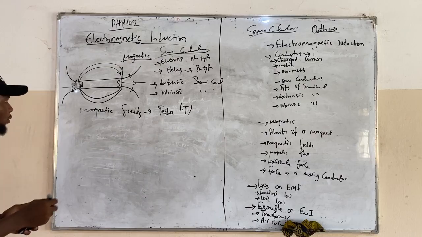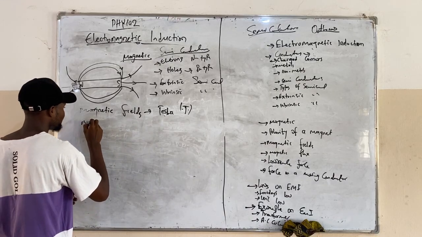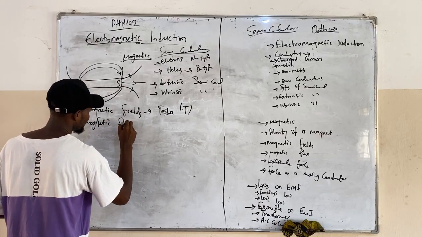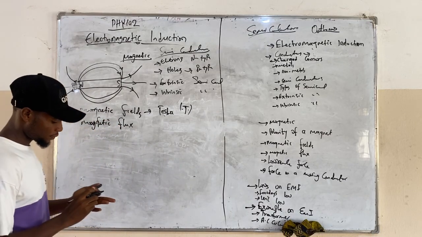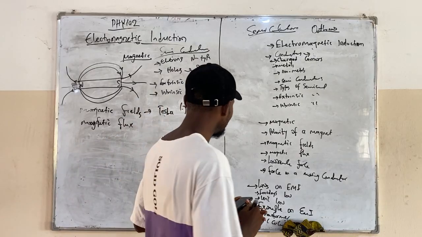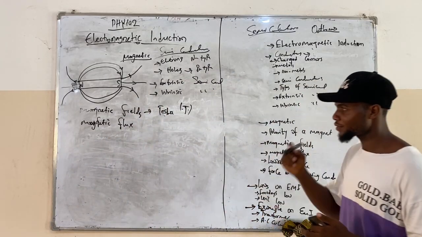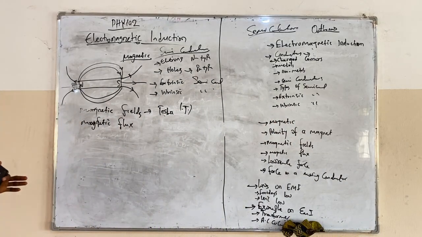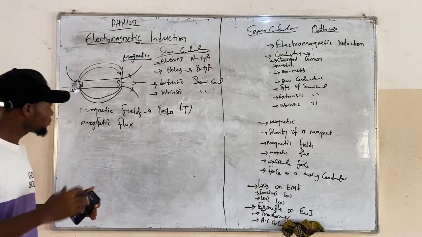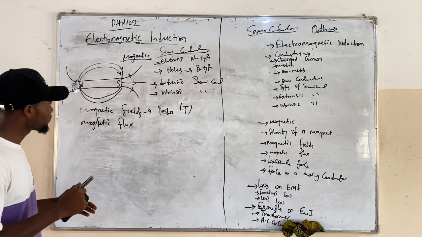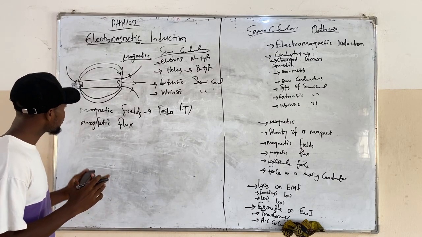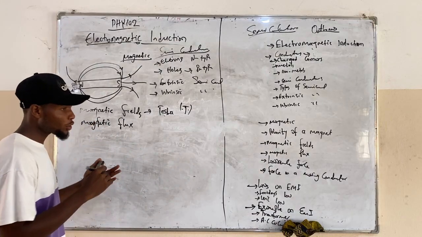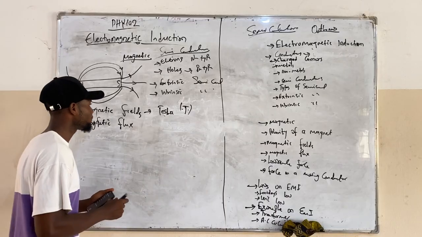And let's go to the magnetic flux. What do you understand by magnetic flux? Very simple. Magnetic flux measures the exact number of magnetic lines of force passing through an area.